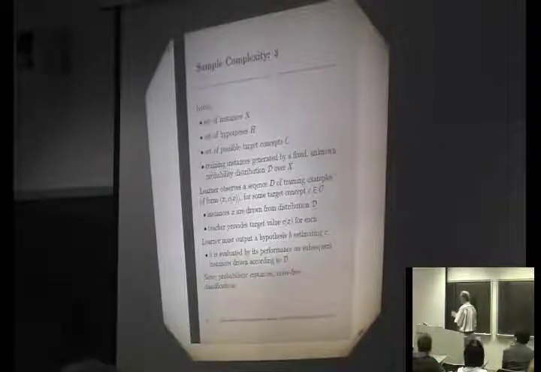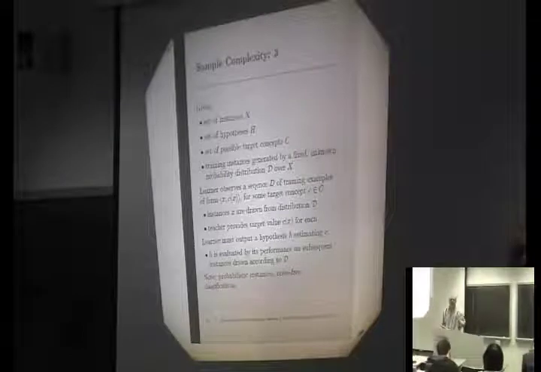This is separate from the hypothesis space in which the learning takes place. Now, they might happen to be the same, H and C, but they don't have to be the same.